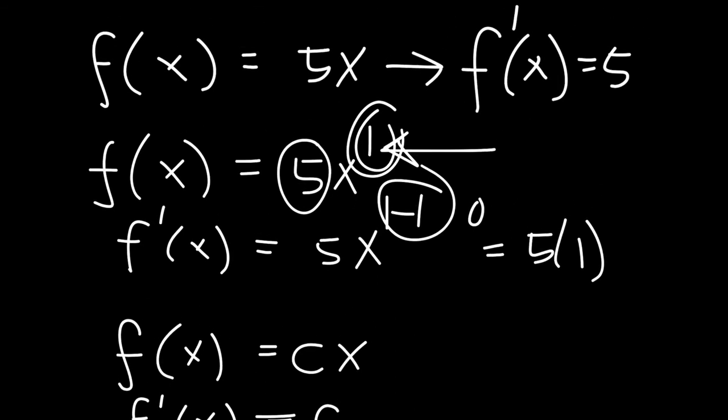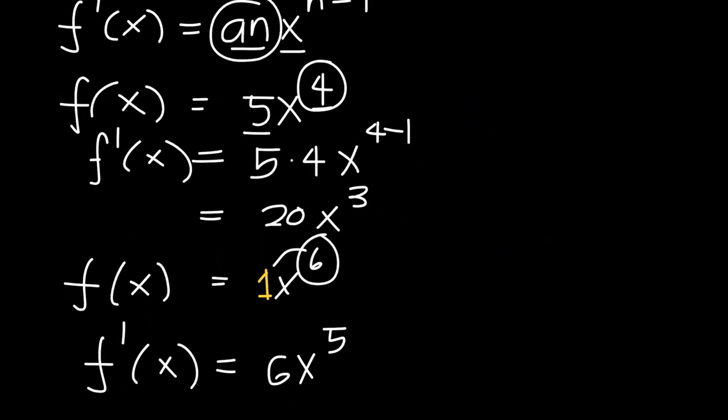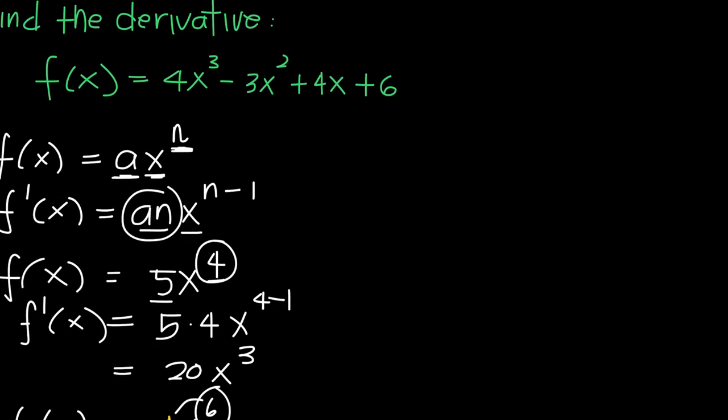So with these basic ideas, we can now get the derivative of functions like 4x cubed minus 3x squared plus 4x plus 6. If you have a sum or difference of terms, all you have to do is to get the derivative of each term, and that will be the derivative of the function.